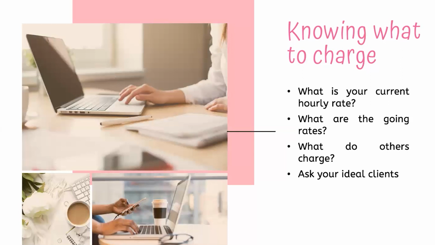You can also put posts into some of those social media groups that we talked about, some of the business groups, and you could ask people. I mean, sometimes people might not be willing to tell you what their going rate is, but if you ask people, for example, in terms of, say, the website, you might put a post up there and say, what's the going rate for a website?